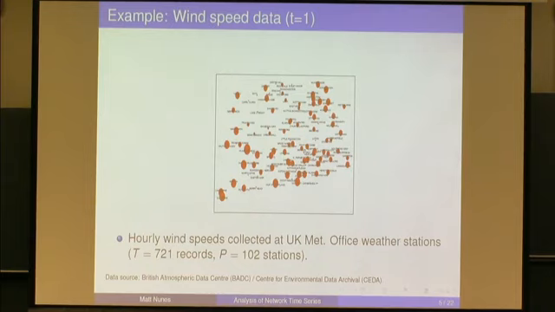And so in this particular toy example, we've got 102 weather stations, and this is 721 records, so hourly over the course of a few years. I should say that the previous example was given to us by the Health Agency, and this data is from the BADC, which is the data archive for the UK Met Office and other agencies.